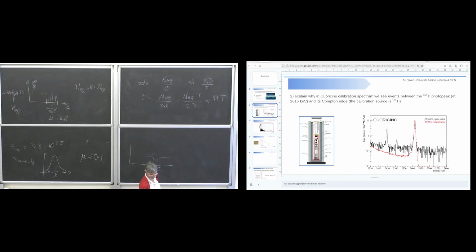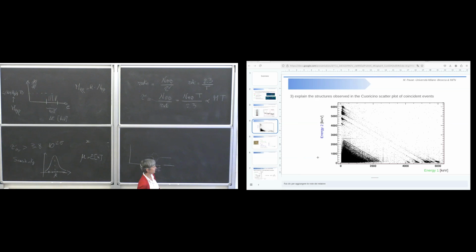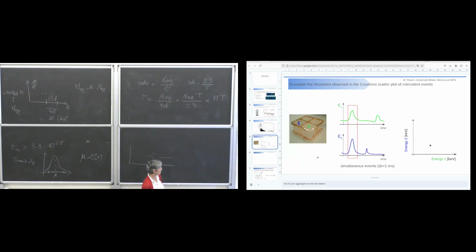Something that I've not shown you so far is a scatter plot. So let me explain to you how it is drawn. When you have an array of detectors, here you see a 4-crystal array, I told you we operate each detector independently one from the other.